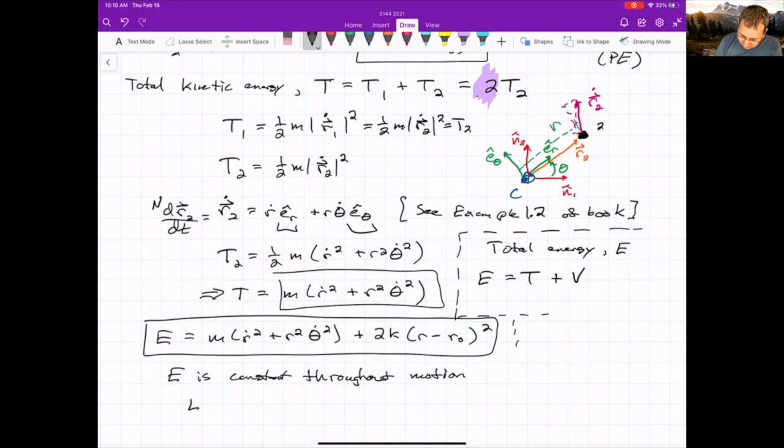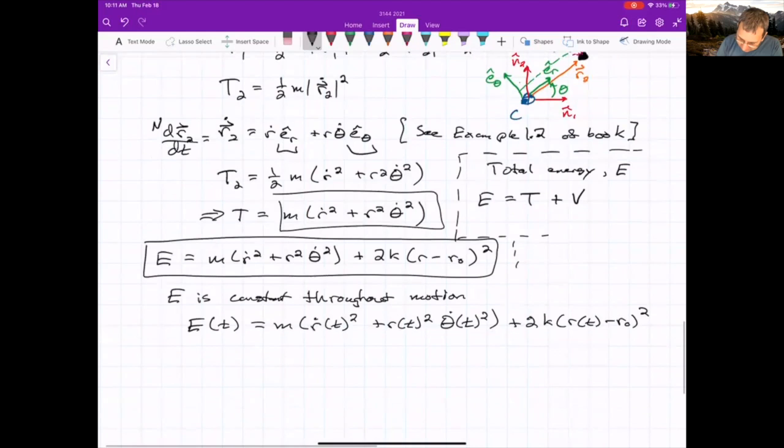So what does that mean? E at any time, we might just write this out: r dot squared plus r(t) squared theta dot(t) squared plus 2k (r(t) minus r naught) squared is equal to whatever it was at the initial time, which I'll call time 0.